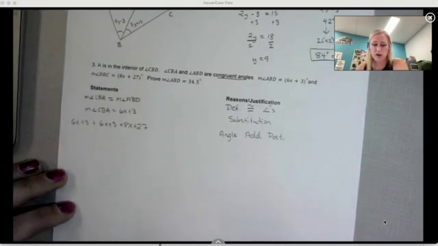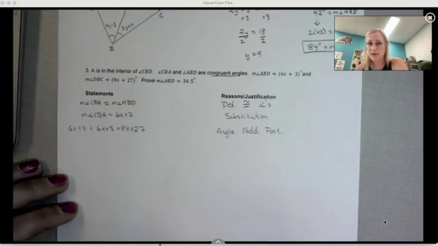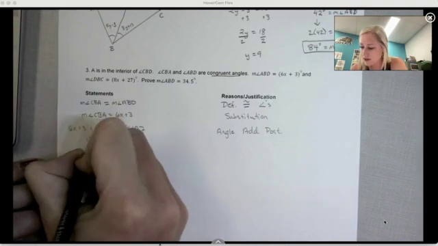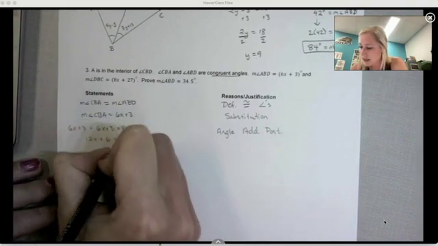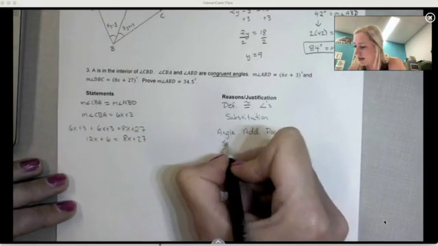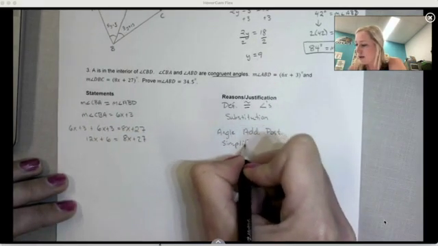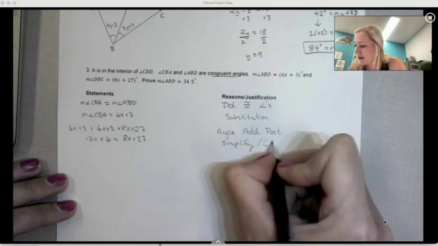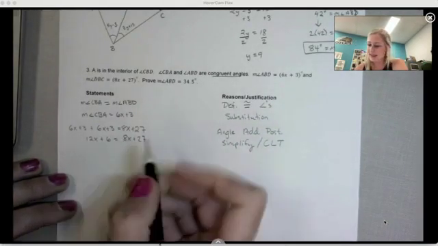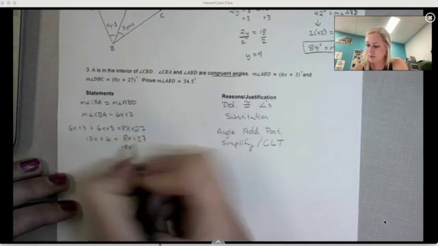And now we're just going to solve. We're going to use our properties of equality to solve for x. I'm going to combine some like terms, so I've got 12x plus 6 equals 8x plus 27. You can call that simplify or combine like terms. I'm going to abbreviate combine like terms. Okay. I'm going to get my x's together, so I'm going to subtract 8x from both sides.